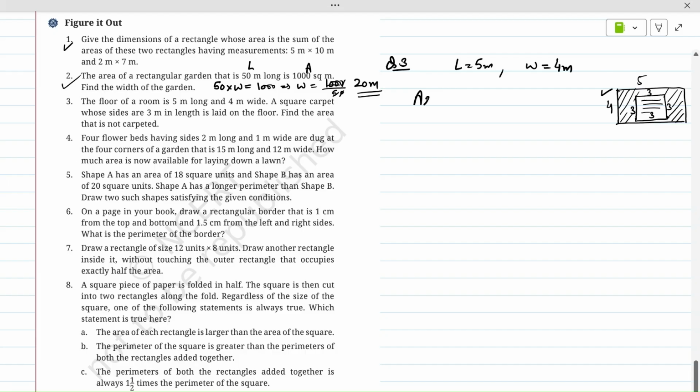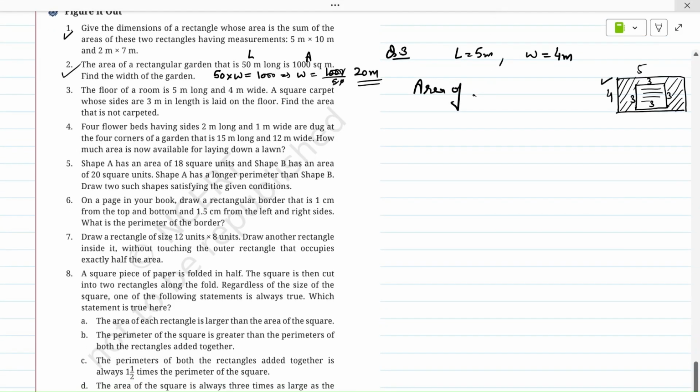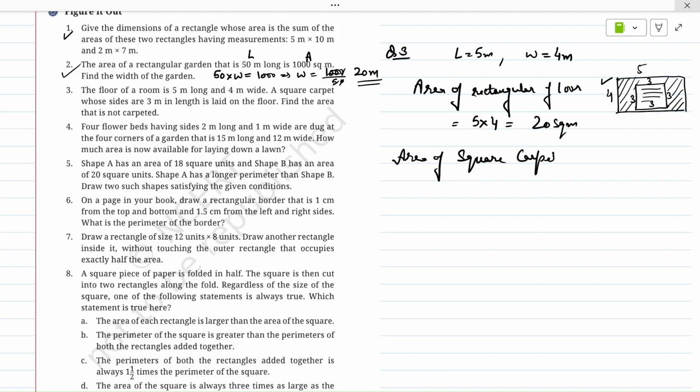Area of rectangular floor is equal to the product of the sides, that is 5 into 4, 20 square meters. Also area of square carpet is side into side, 3 into 3, that is 9 square meters.